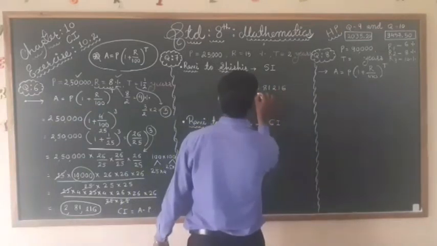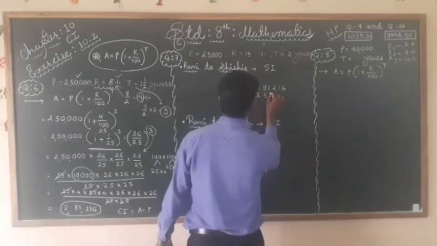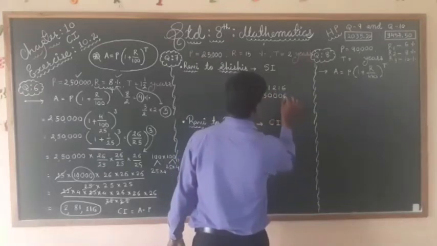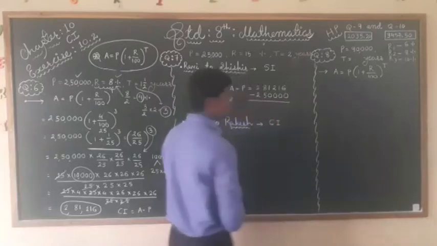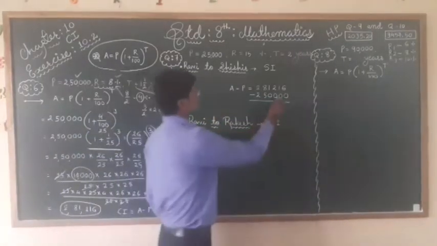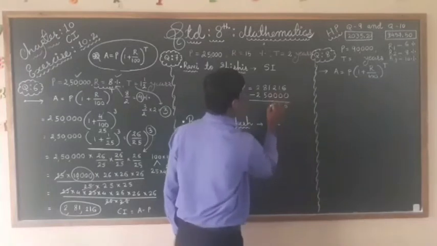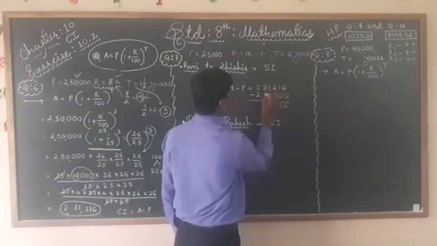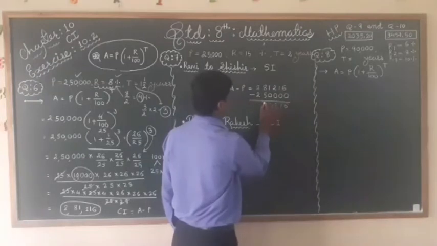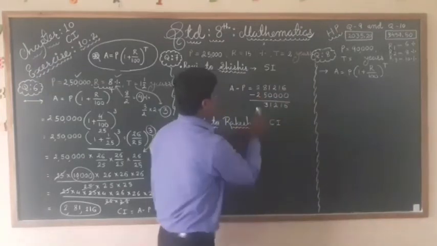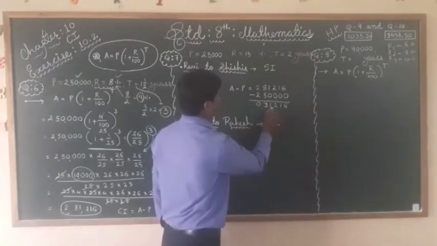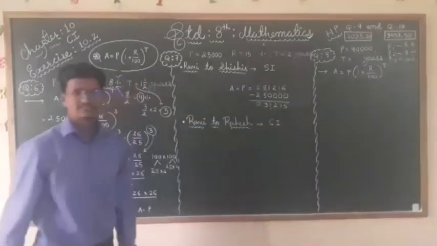2,81,216 minus 2,50,000. Okay, so you will get 6, 1, 2, 1, then 8 minus 5, 3, and this. So your answer is 31,216.